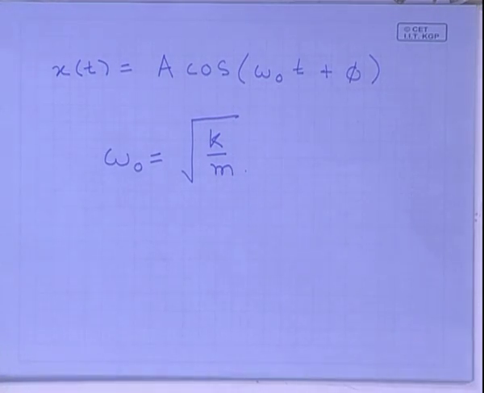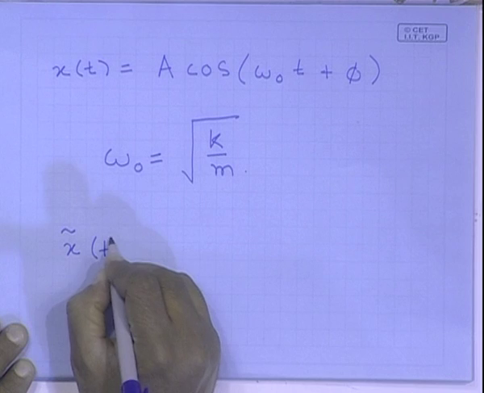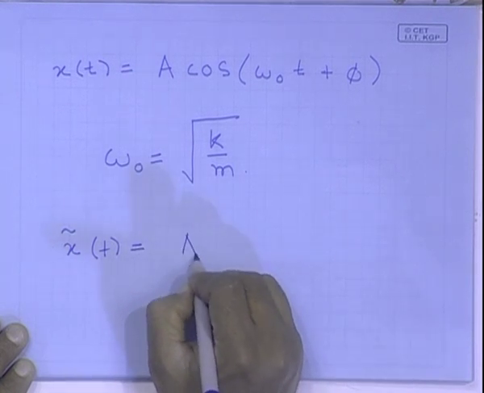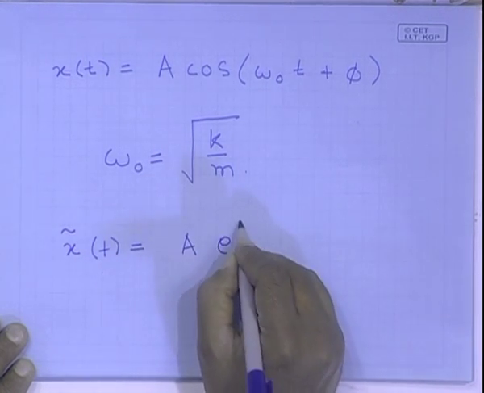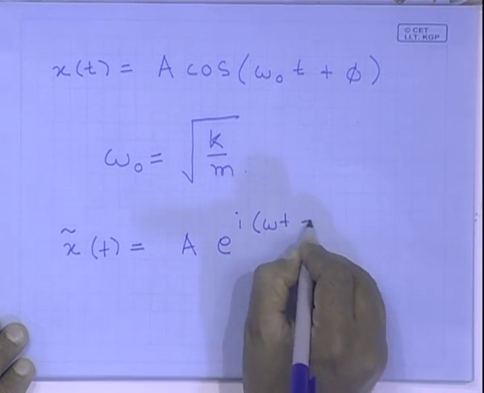In the last class, I had also introduced the complex notation. We denoted complex numbers using a tilde. So, x tilde t is equal to A e to the power i omega t plus phi.